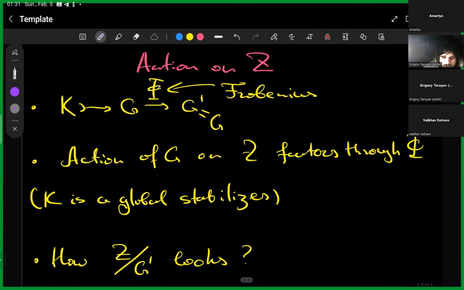Well, first of all, we have the Frobenius homomorphism, which goes from G to G, which we, to confuse everybody, denote by G prime.